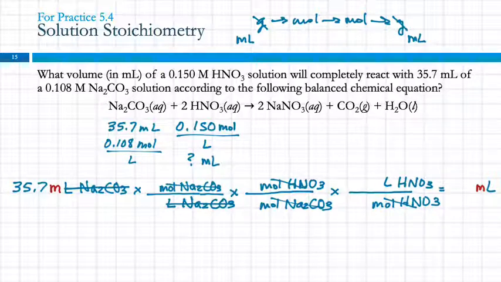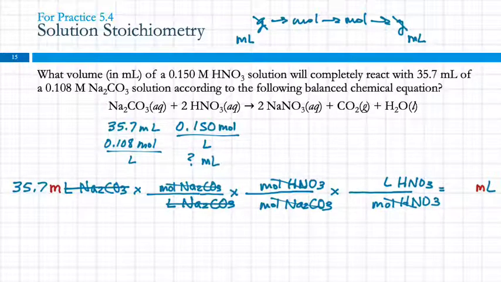Yes? That's an excellent question, and it's super, super tempting. Why am I not using M1V1 equals M2V2? Am I diluting a solution? No. I'm doing a chemical reaction. So I have a volume and a molarity of one substance, and I'm looking at volume and molarity of a different substance. That is different than a dilution, where I've got one compound.